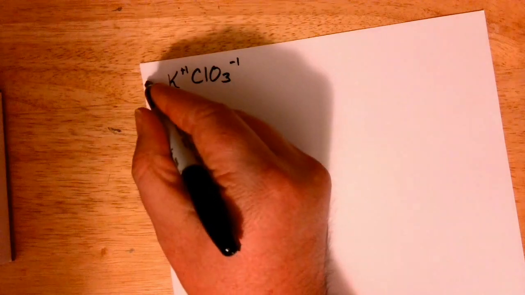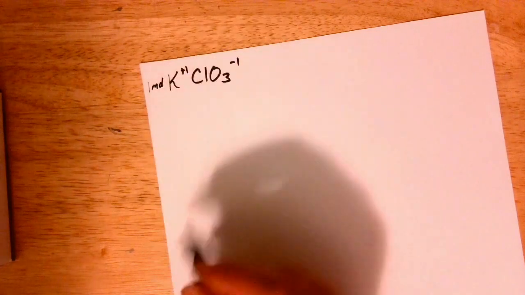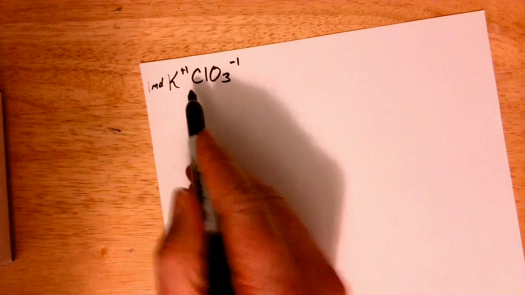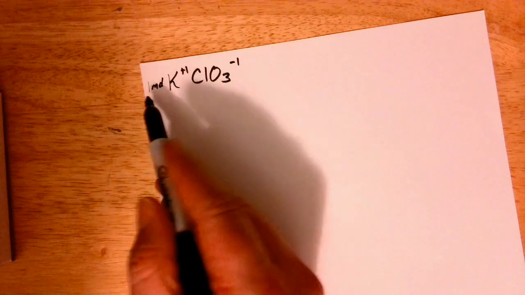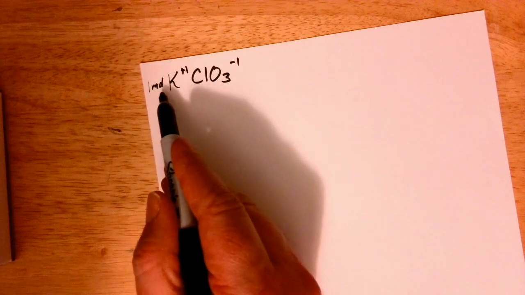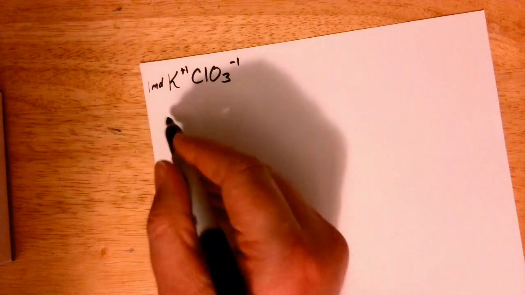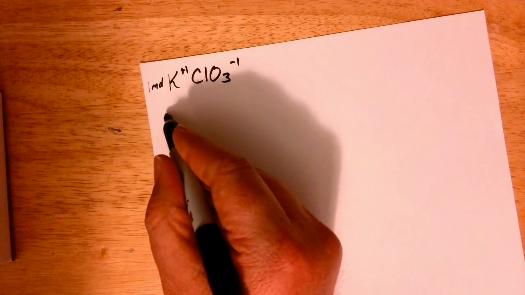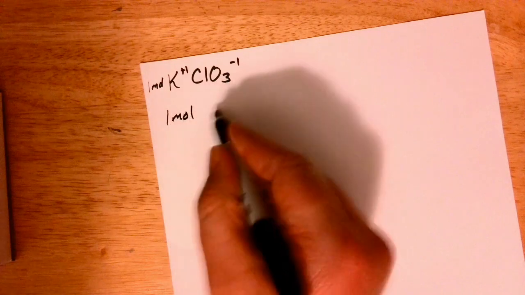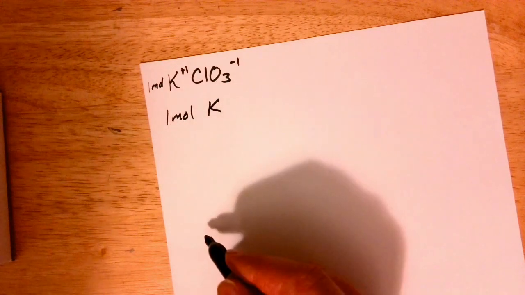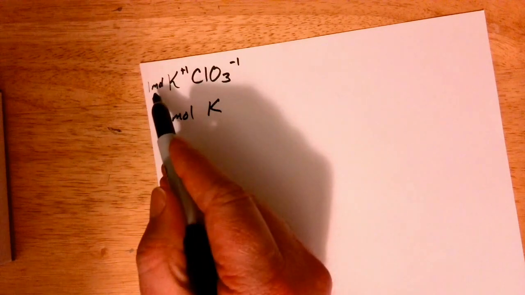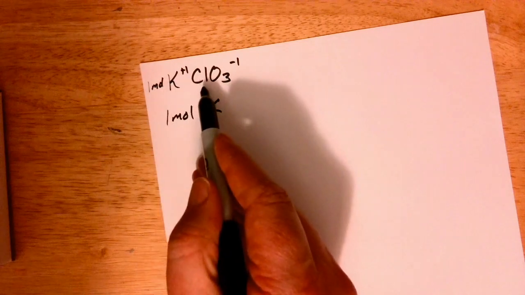So if you were to have 1 mole of potassium chlorate, how many moles of potassium would you have? This is just like me saying if you had 1 dozen potassium chlorate, how many dozen potassiums would you have? So in this case, you would have 1 mole of potassium. And again, how many moles of chlorine would I have?